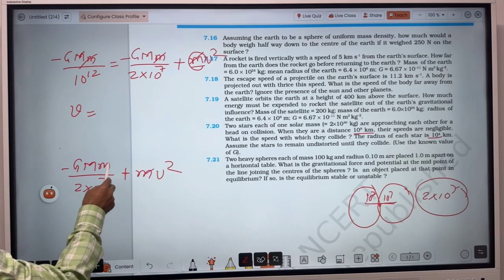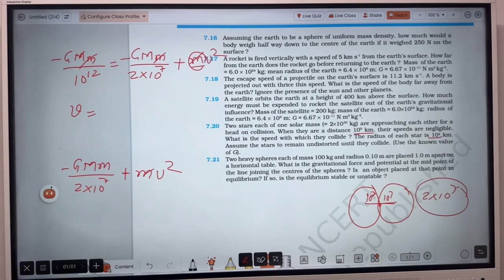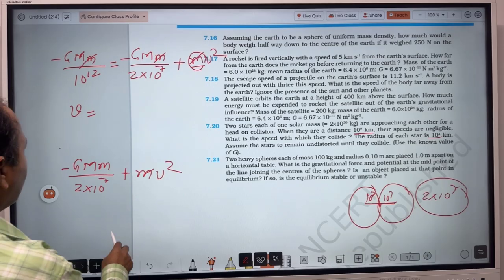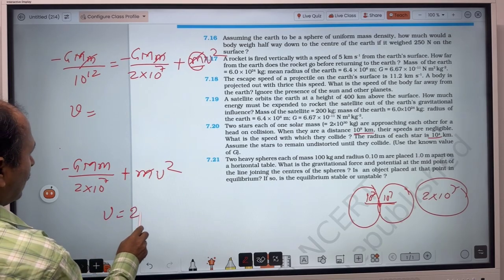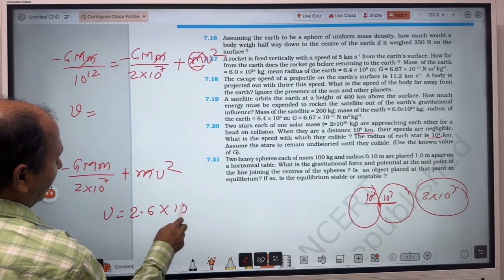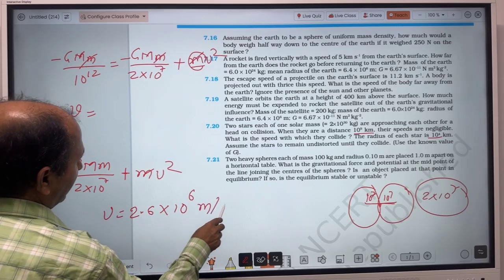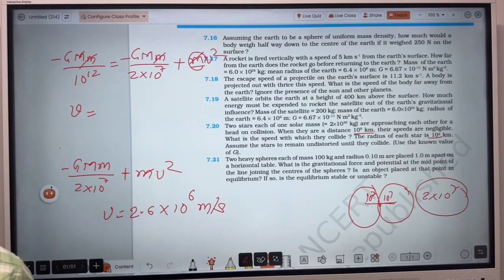So it does not matter whether you write small m or capital M. That is understood. Now what would the final answer be? Think, give 1 minute. So the final answer you will get is 2.6 into 10 to the power 6 meter per second.